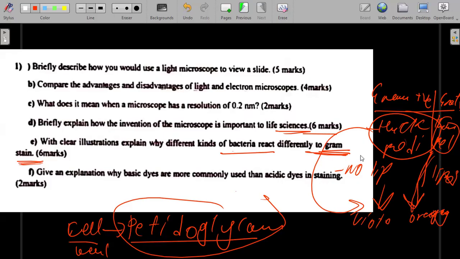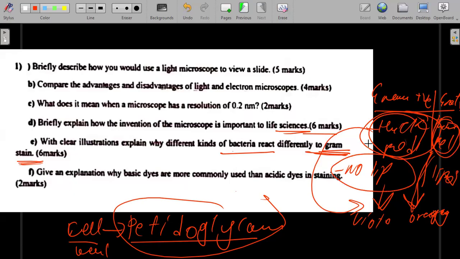So that's a good example of why these bacteria react differently to a gram stain, because of the composition of their cells. I've mentioned two important compositions of the bacterial cell which you need to know.